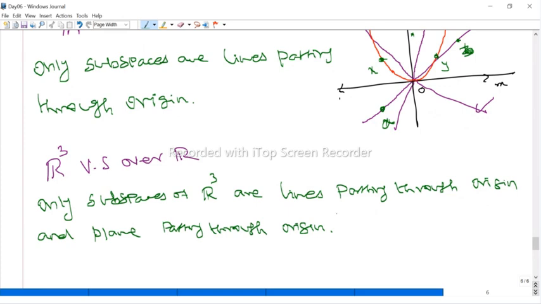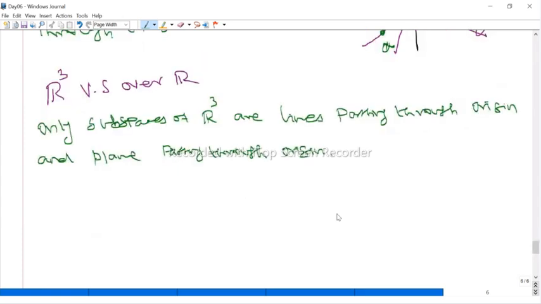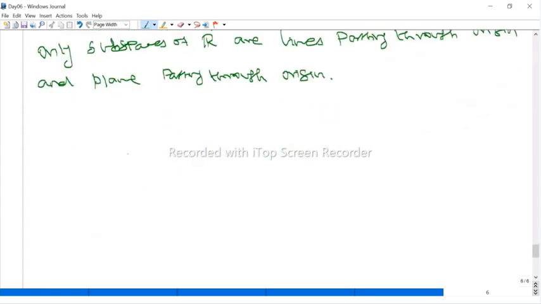Therefore, when we say subspace, the first condition should be satisfied: 0 should be there in the set. Suppose I am asking a question, I am going to write one thing. W equals the set of all x, y, z in R3, collecting the tuples, satisfying the condition, where a, b, c are fixed: ax plus by plus cz equal to 0.